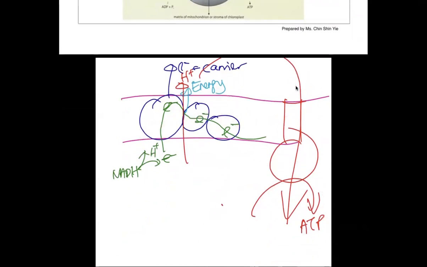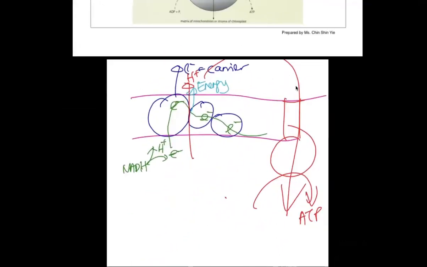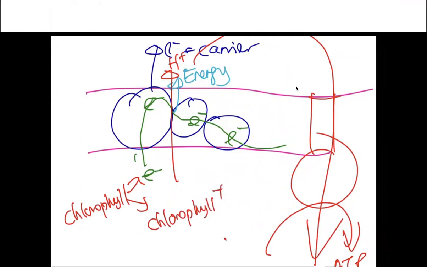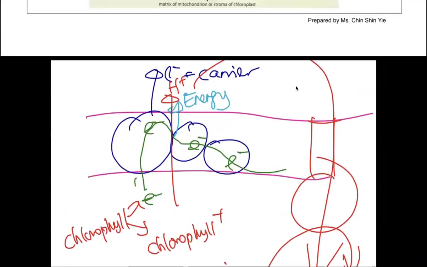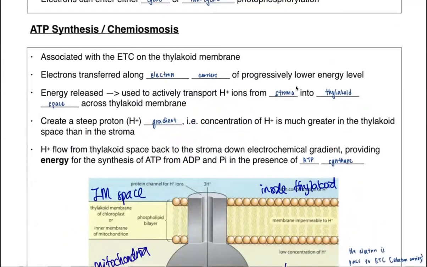Here, in this case, you have the chlorophyll release an electron, and of course it becomes chlorophyll plus, which means it has lost an electron.